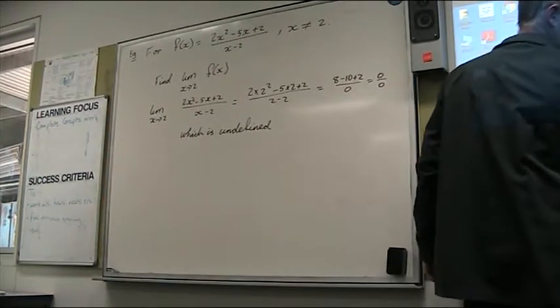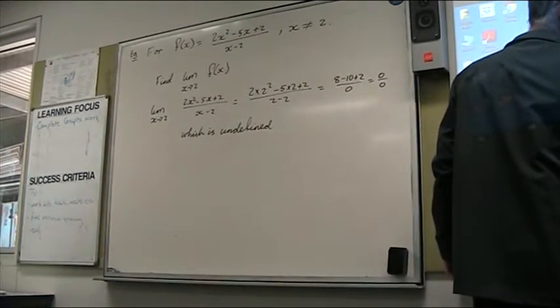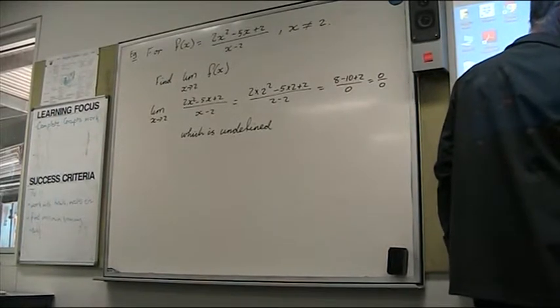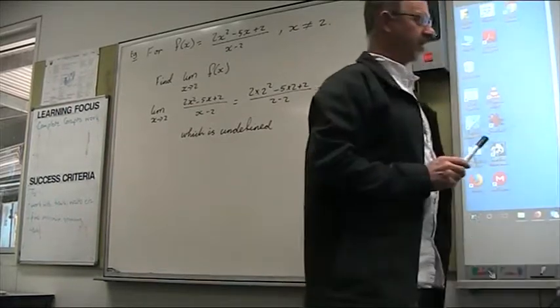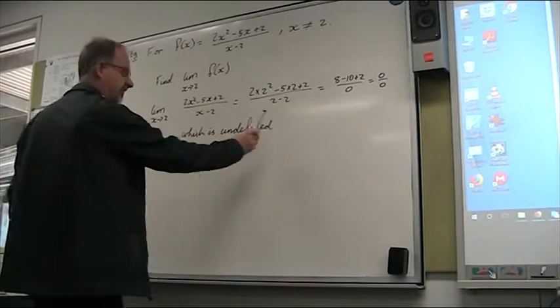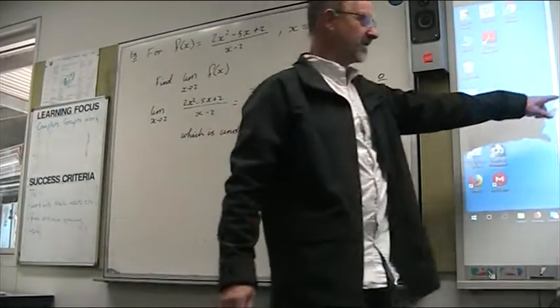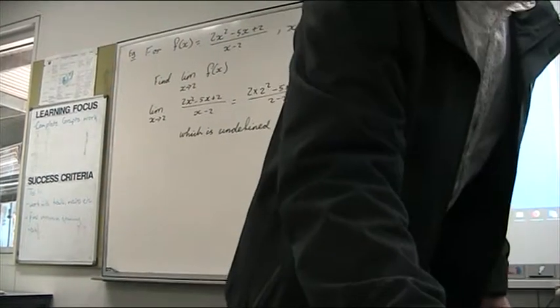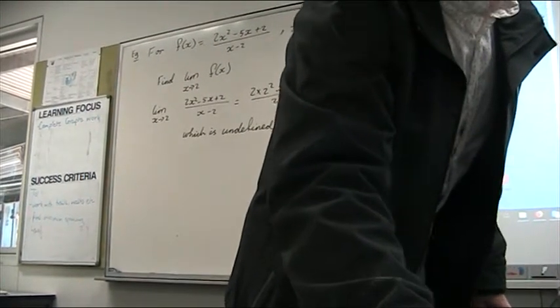When x is equal to 2, this line looks like it's going through y equals 3. So we're told that the limit's undefined, but when we look at the graph, it looks like there is a limit. It looks like it's heading towards here.